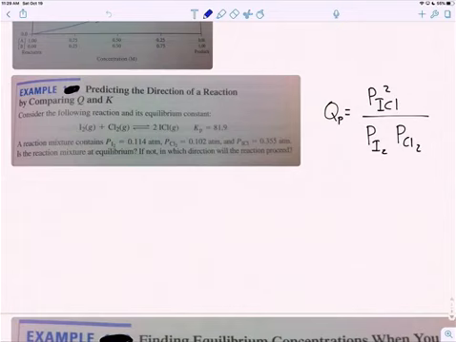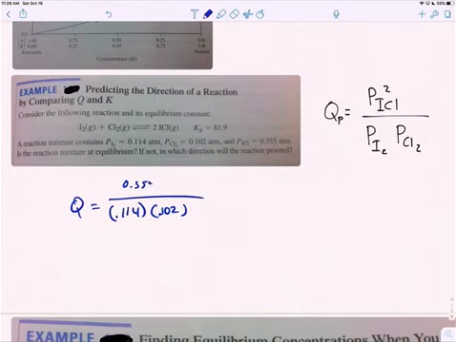The reaction mixture contains 0.114 atmospheres of I2, that's a reactant, and 0.102 of Cl2, also a reactant, all over the product, 0.355, and that's squared because there's a 2 in front of that.